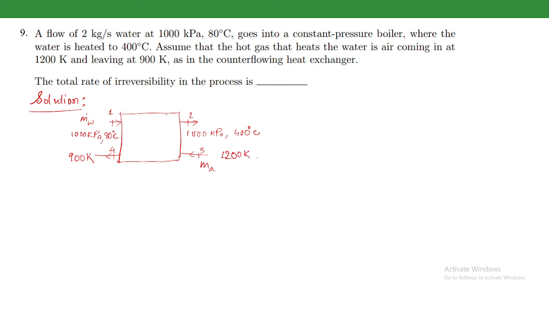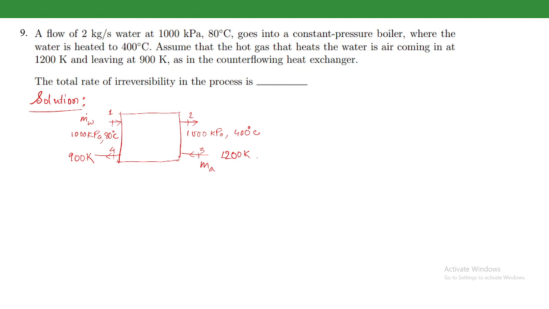Okay, so in this process, both boilers and a condenser are heat exchangers themselves. So the boiler is designed as a counterflowing heat exchanger of constant pressure configuration, in which the water enters at 1000 kPa and 80 degrees Celsius and leaves at 1000 kPa and 400 degrees Celsius.